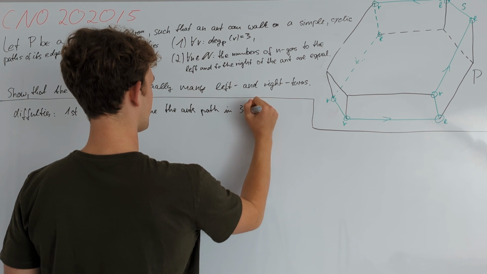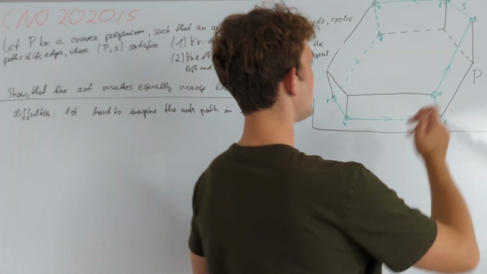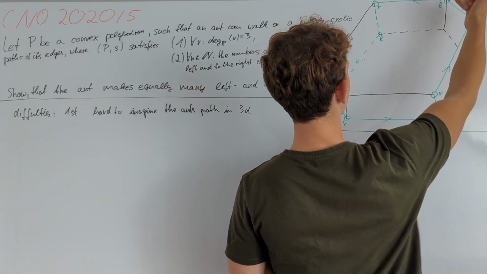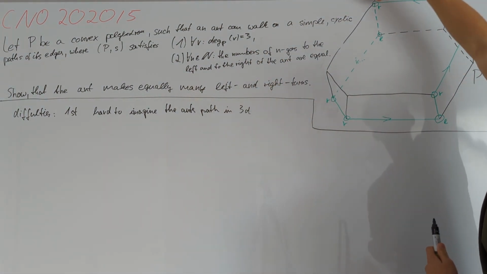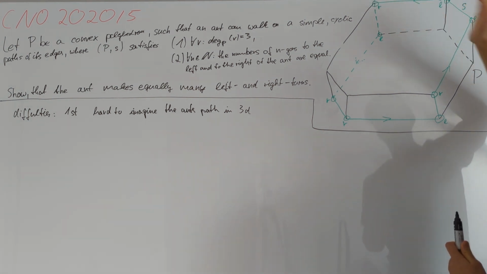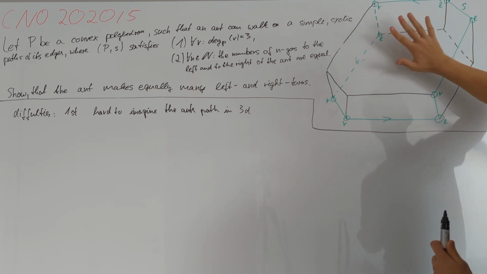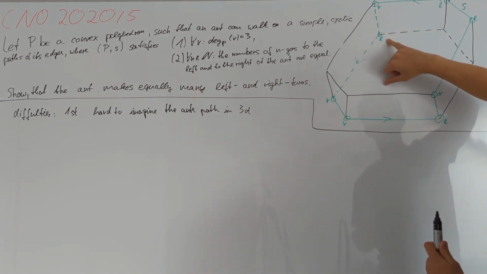in 3D. Okay, so what we see here, for example, we walk around the polyhedron, and on this part of the ant's path, it's on the back of the polyhedron. Therefore, this is a left turn, although from our perspective, where we are looking at it, it doesn't look like a left turn.